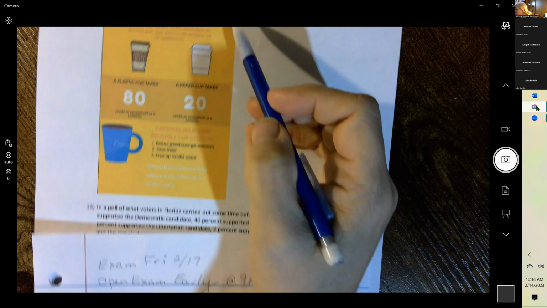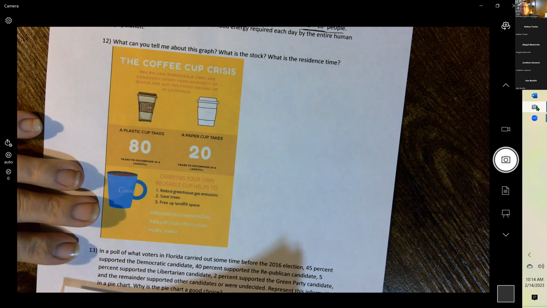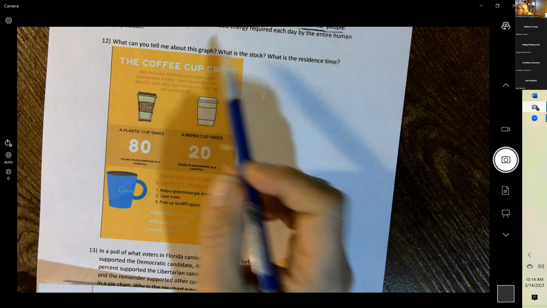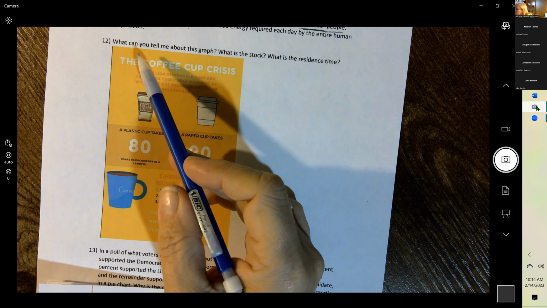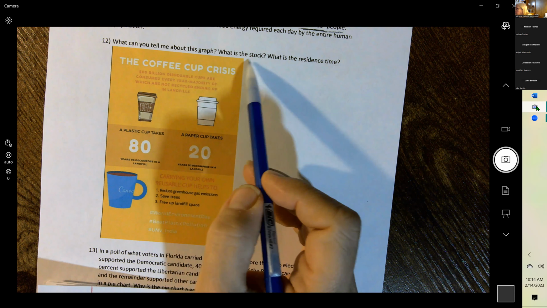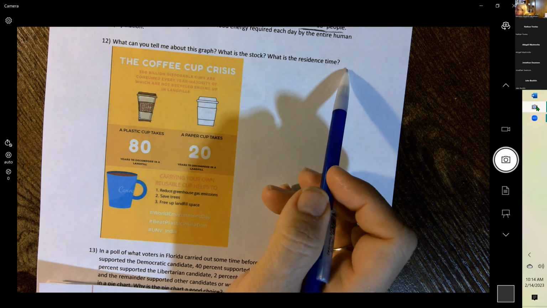Number 12. What can you tell me about this graph? What is the stock? What is the residence time?